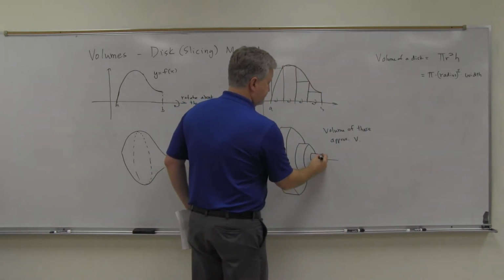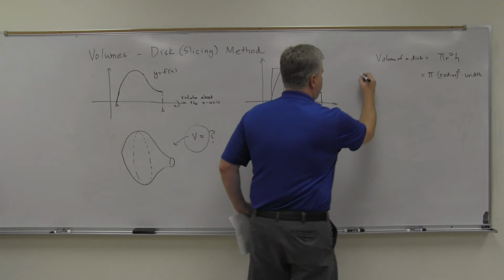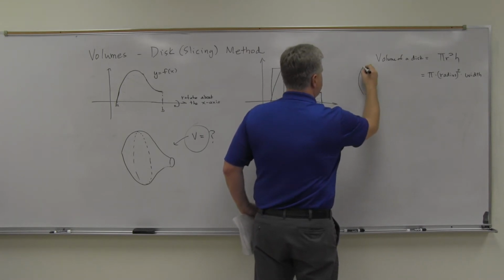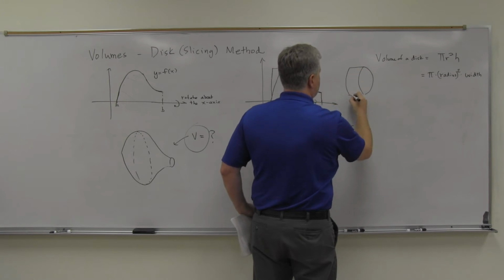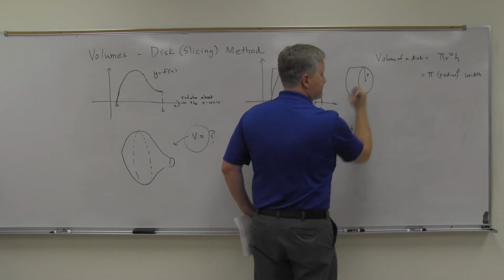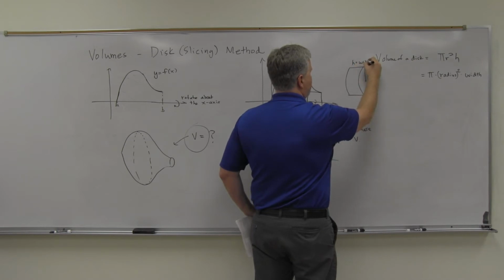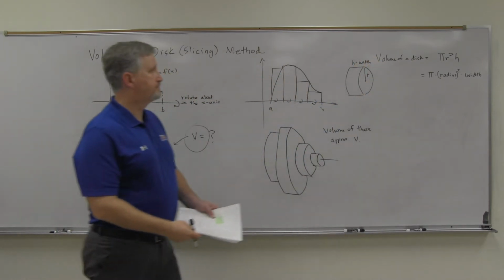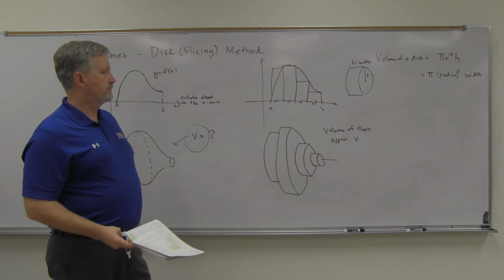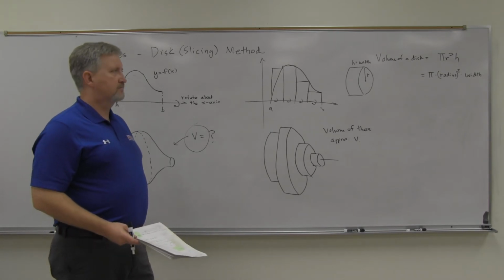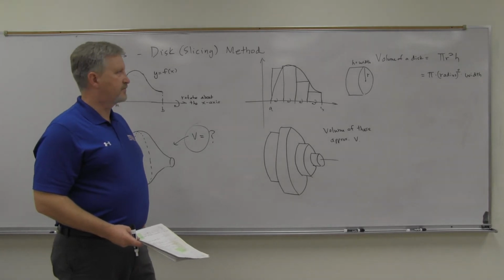Let's just look at one in particular here. So I need that radius, and then that's our h, but we call it width. Let's start with the easiest one first, I guess.